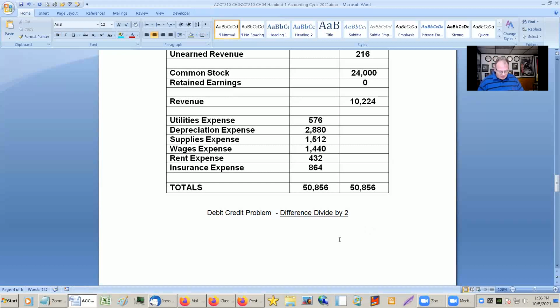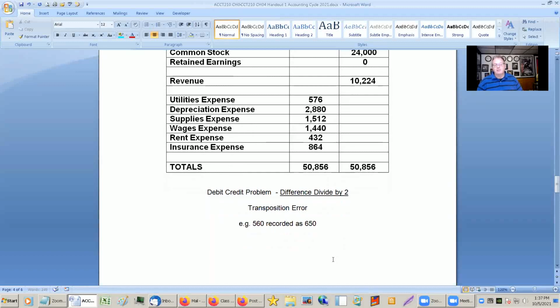If it's a transposition error, for example, $560 recorded as 650, and this is somewhat common.